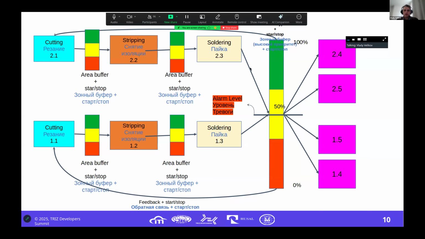And for the two lines, you see that there is no red line here. So they work together. We have synergy. Both lines started to feed the same area. Again, we have an area buffer, but one for both lines.